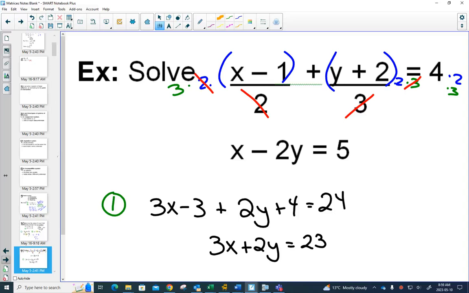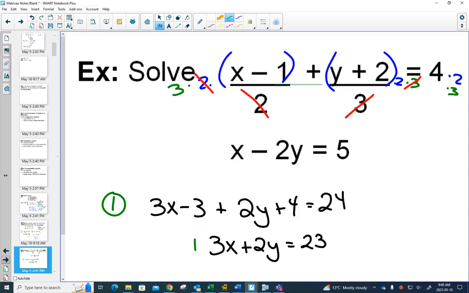And now that my fractions are gone, you see how elimination is going to work out beautifully right away. Notice that the y's are already matched up. So don't just go into elimination saying, I need to make my x's the same. I always cancel out my x's first. Look at both equations.